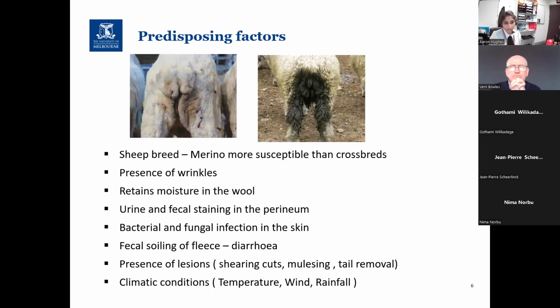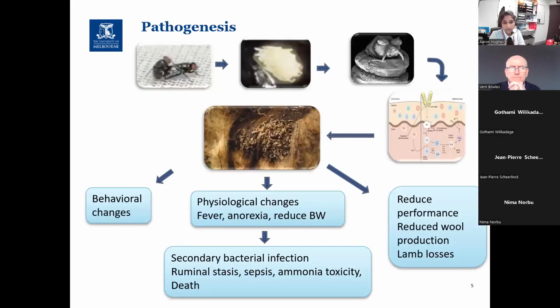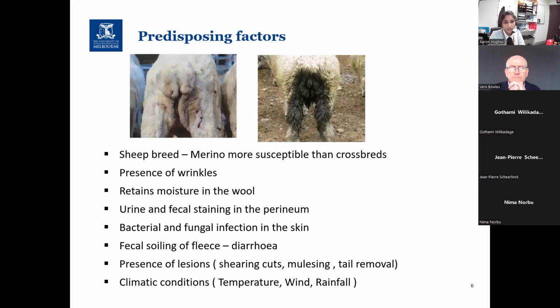The merino sheep breed is susceptible because they have a lot of wrinkles and dense wool cover on the body, and the wrinkles and the ability of the fleece to retain moisture provide a favorable microenvironment for the larvae, so that results in flystrike. Similarly, urine and fecal staining in the perineum, as you can see in the first picture, attracts gravid flies.